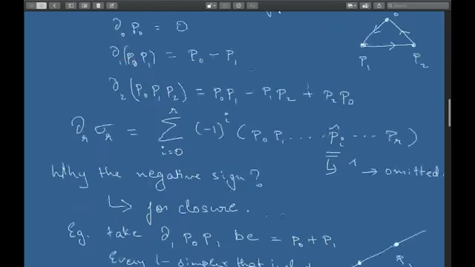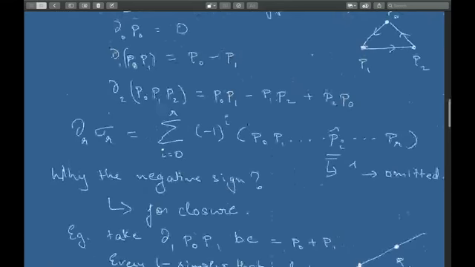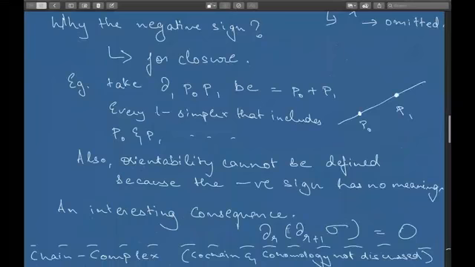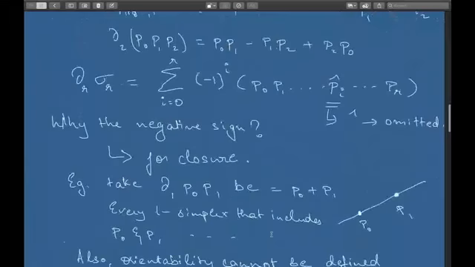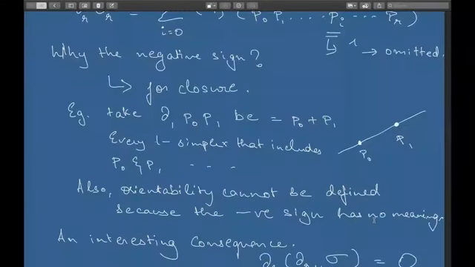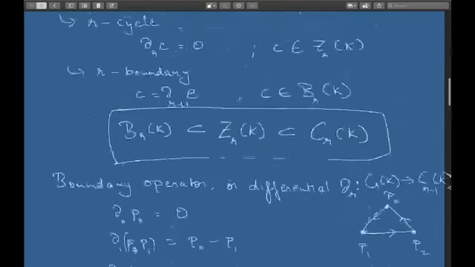So when you apply this twice, dou r plus 1 of sigma r plus 1, and then you have a dou r out here, you will easily be able to prove that this whole thing equates to 0, right? So this is one interesting consequence, which essentially means the boundary of a boundary vanishes. Just keep this in the back of your mind, and we will approach it a little later, right?